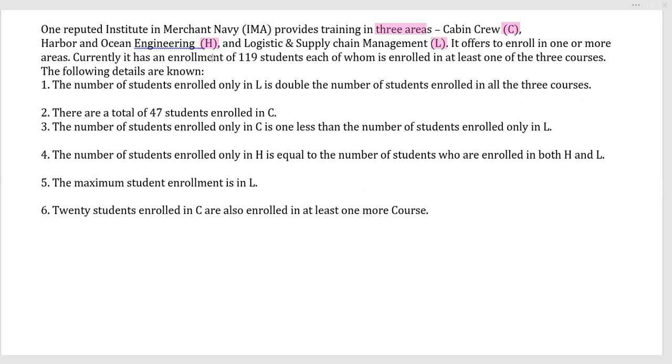Currently, it has an enrollment of 119 total students, each of whom is enrolled in at least one of the three courses. Following details that we can find. So basically, as per our three courses details, problem solving is a requirement. For that, let me draw.